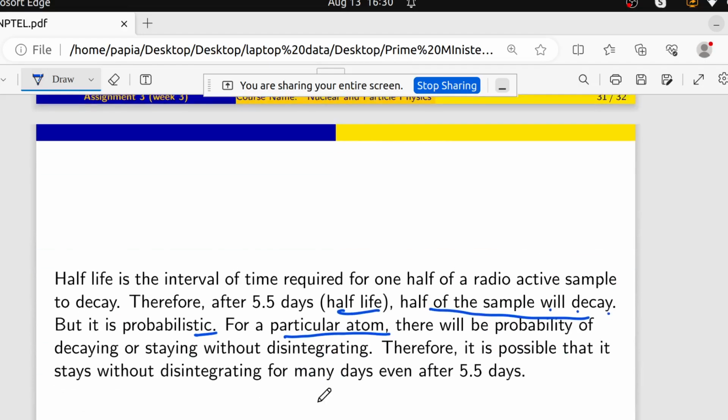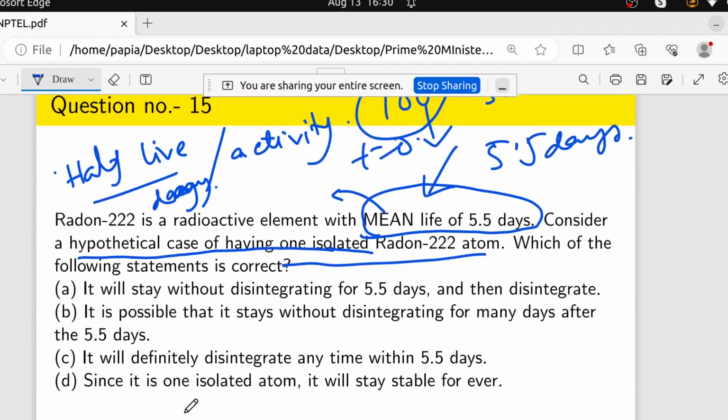So radioactivity is a probabilistic thing, so that's why for a particular atom there will be a probability of decaying or staying without disintegrating. It can decay within 5 days, or it can stay without disintegrating even after 5.5 days. So the answer is, you can see here, that it will stay without disintegrating.